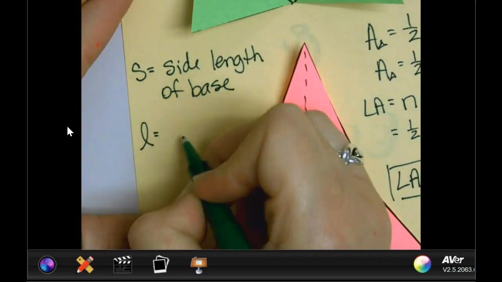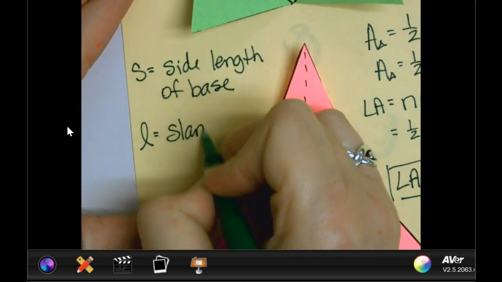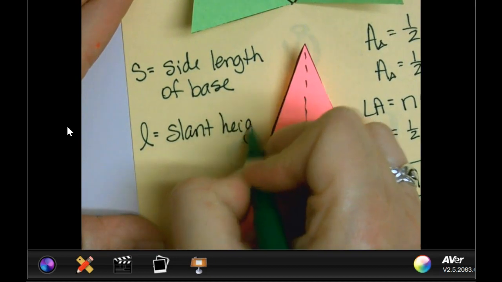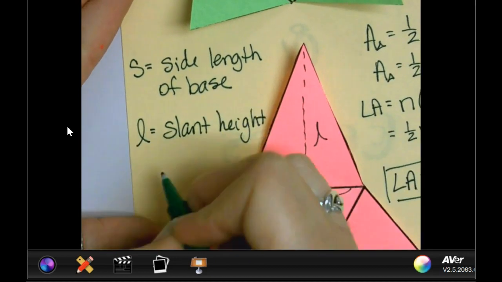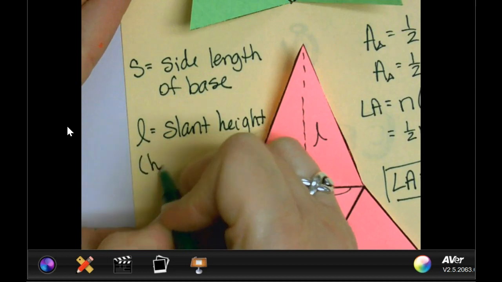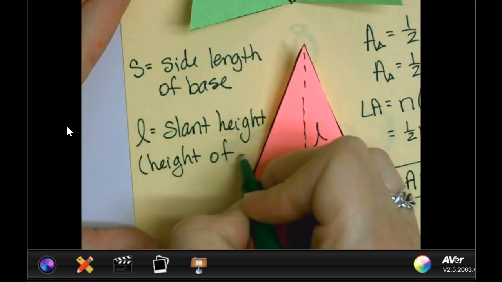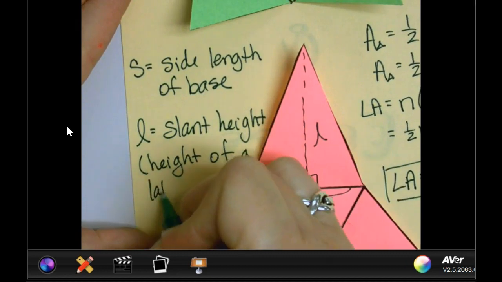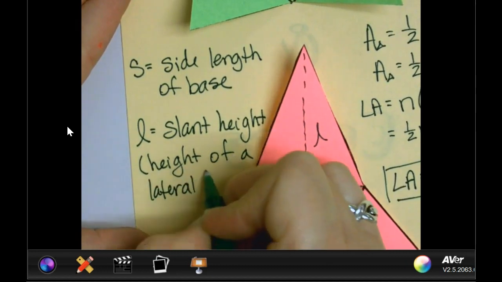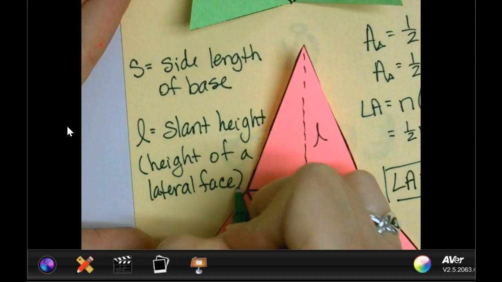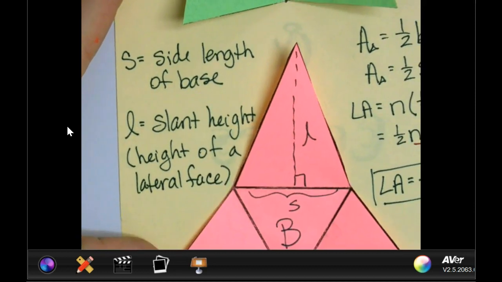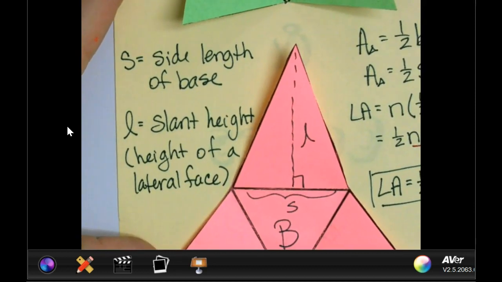That L is the slant height, but the slant height will always represent the height of a lateral face. So it's always the height of the triangle, and it's the slant height of the pyramid itself.